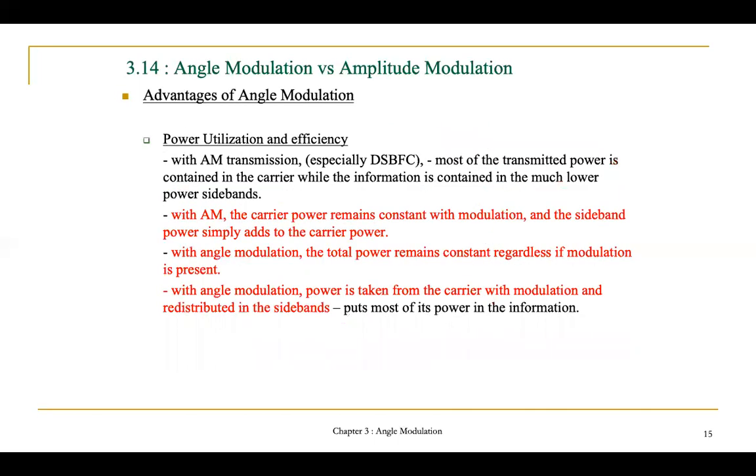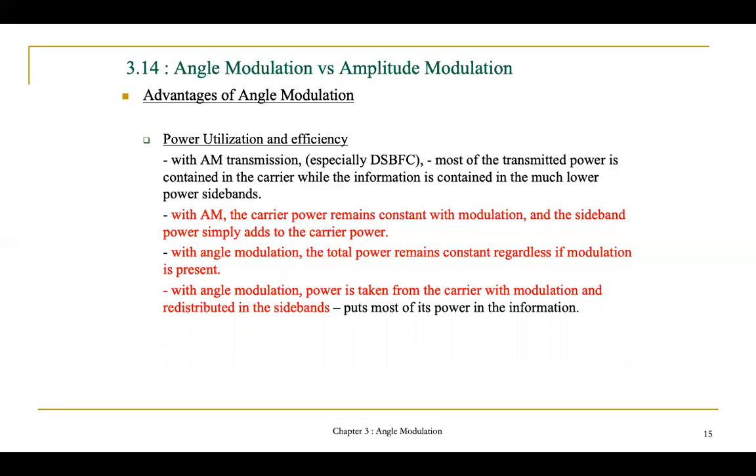And lastly, the advantage of angle modulation is in terms of power utilization and efficiency. When we compare with amplitude modulation, the carrier power remains constant with modulation, and the sideband power simply adds to the carrier power. So you need to add the sideband power for amplitude modulation.